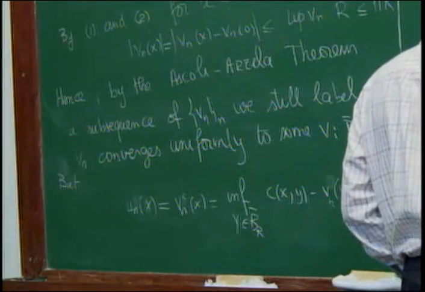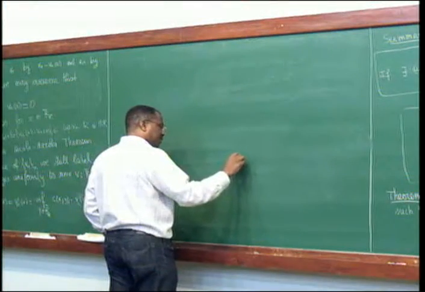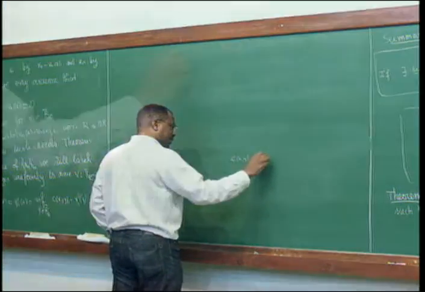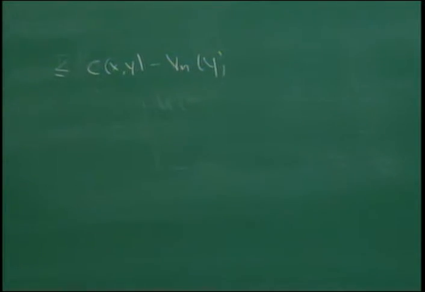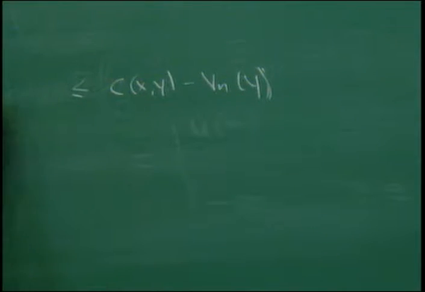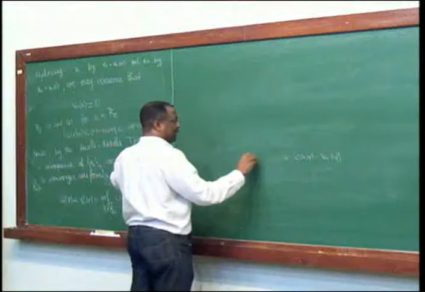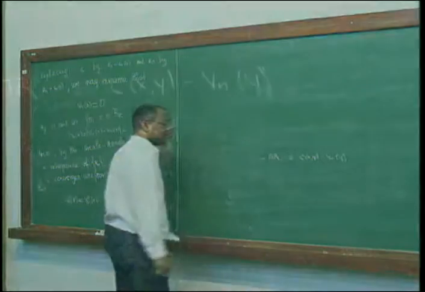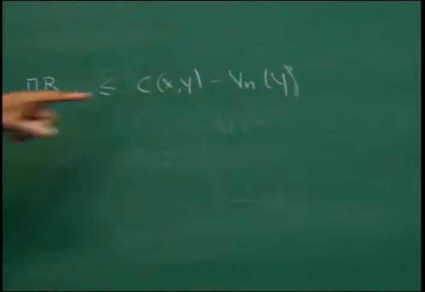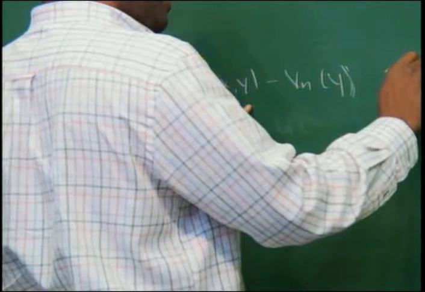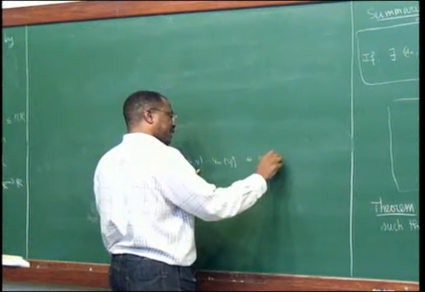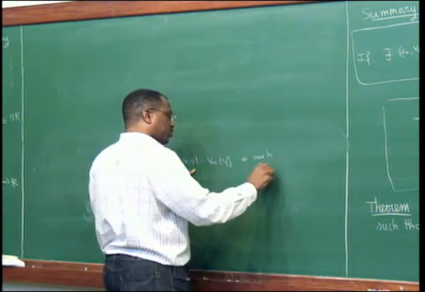So I have c of x, y minus Vn of y is bigger than, c is bigger than 0, and Vn is bigger than negative mr. When x and y are in the ball of radius r, c of x, y is bigger than the maximum of h on the ball of radius 2r.